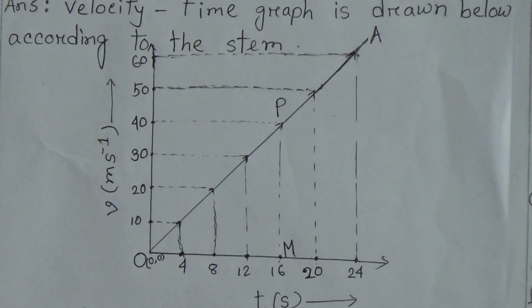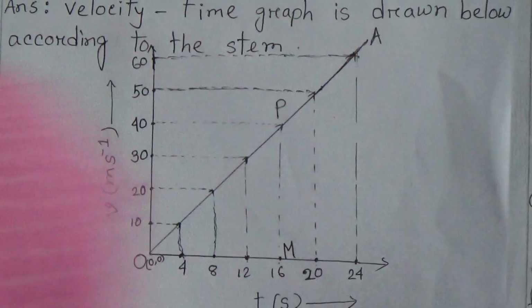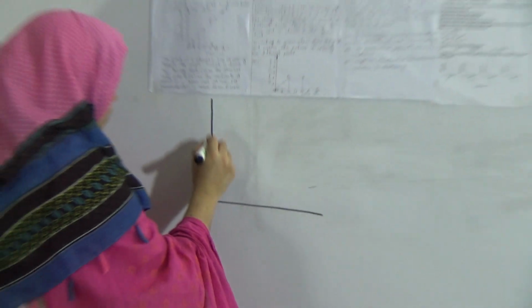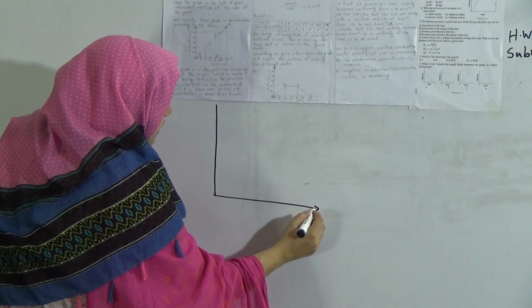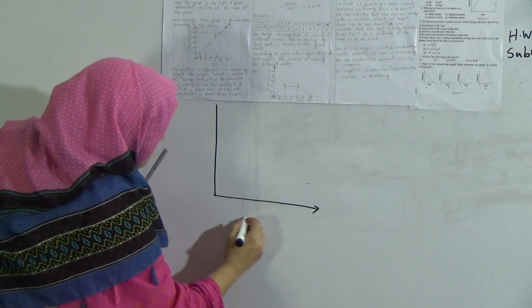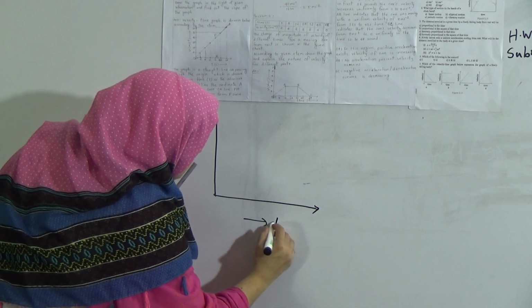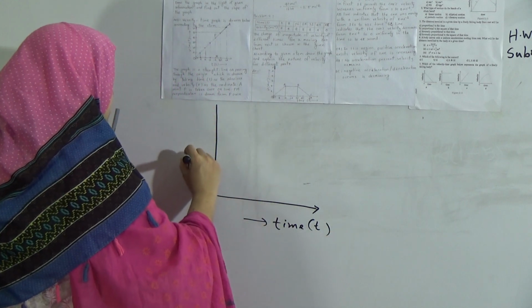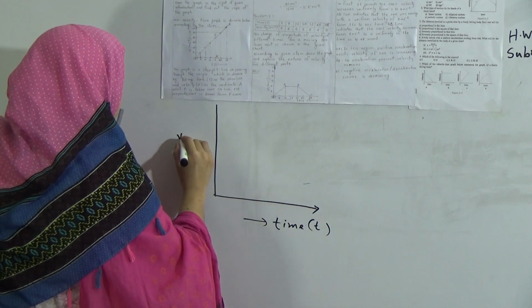Okay, here, see, this is x axis and this is y axis. The x axis is time t, and this is velocity v.